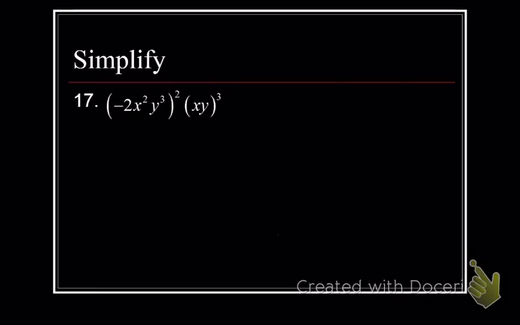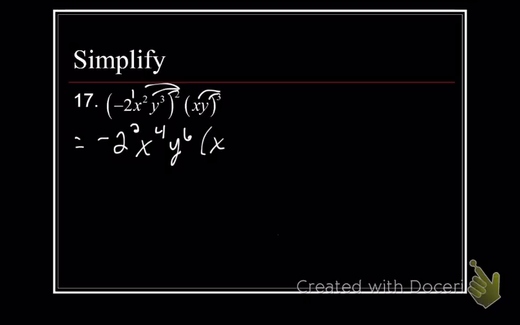Okay? Same thing. Got a power of 1 here, and we're going to distribute this squared. So we get negative 2 squared, x to the 4th, y to the 6th. Then distribute this 3.